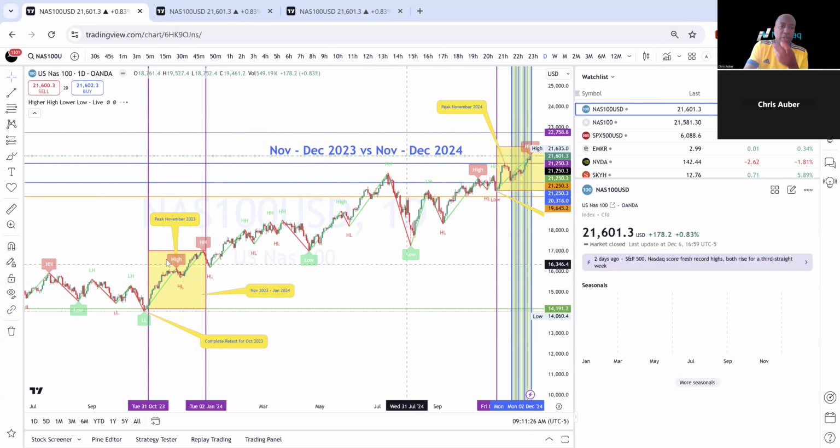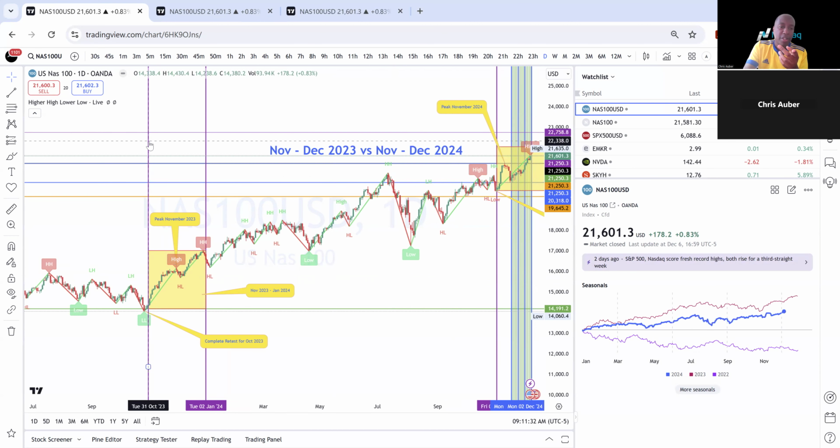Now, you'll notice last year, these are my points right here. This was October 31st, and this was January 1st. Right here, October 23rd, this was when the lowest point was made up until this point. Look at what the market did all the way through November.